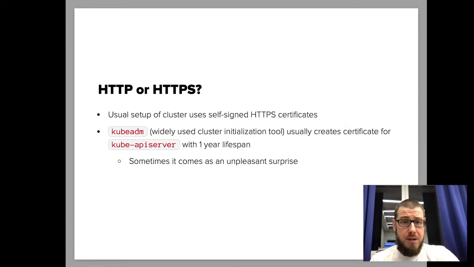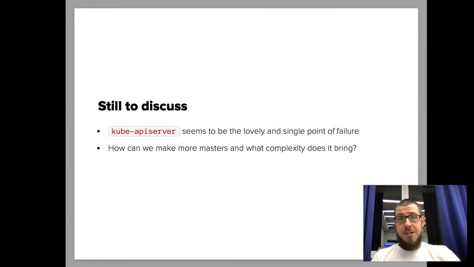If your cluster fails exactly in 1 year, just ensure the certificates are right, because this is the biggest problem with self-hosted clusters, knowing that kubeadm generates certificates with a 1-year lifespan.